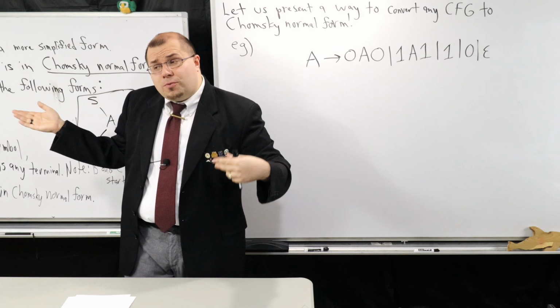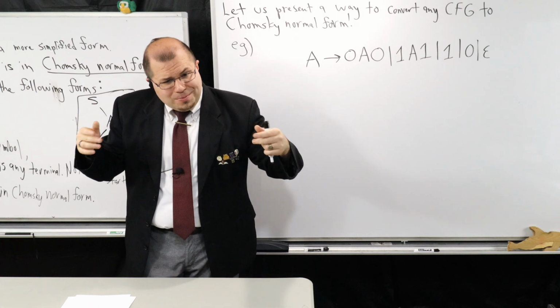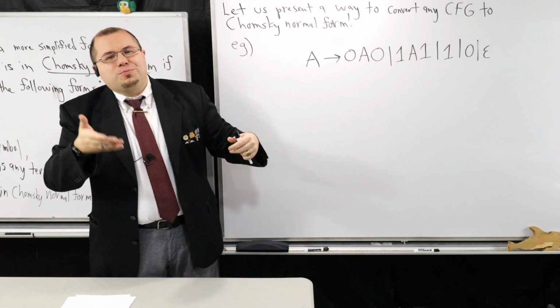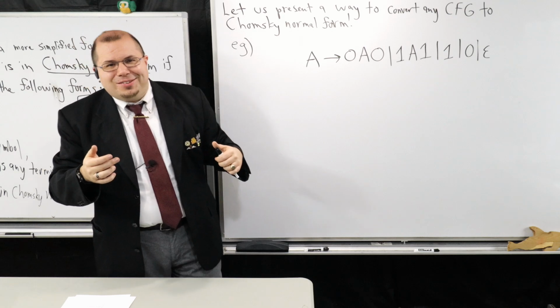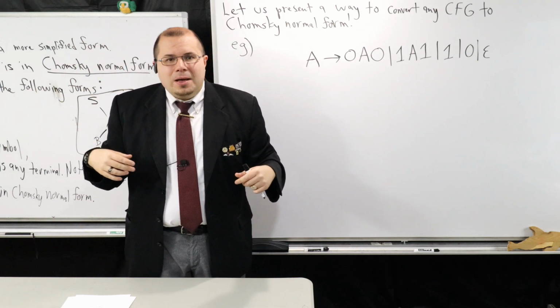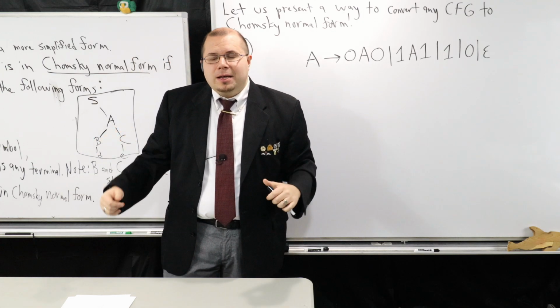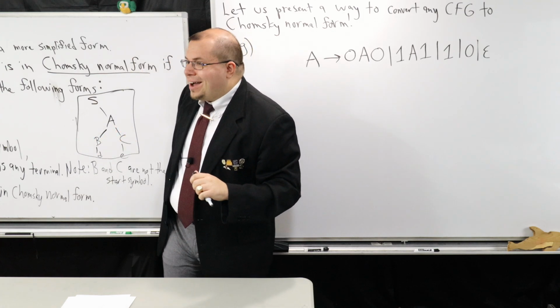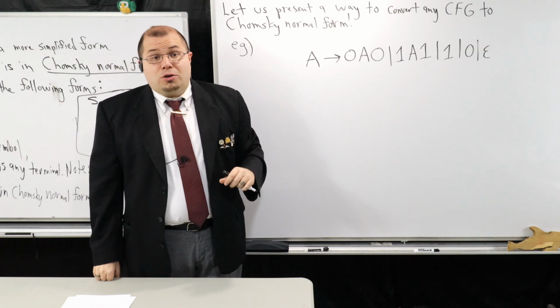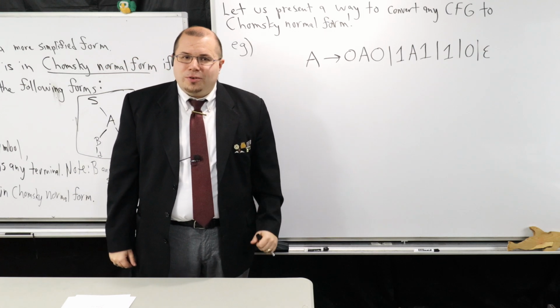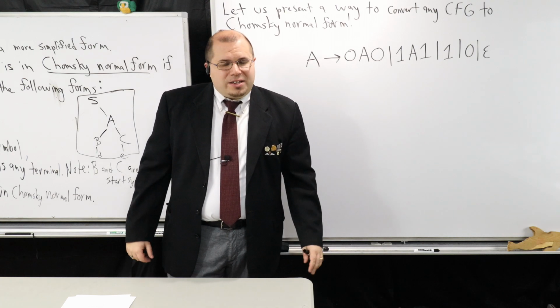But there's several different ways you could use the phrase normal form. In this context, it's the normal form that was given to us by Noam Chomsky, so it's usually attributed to Chomsky. But there's different kinds of normal forms that exist for context-free grammars. There's plenty out there. For example, there's another one called Greibach normal form, which is kind of related to Chomsky normal form. But there's several of these normal forms.